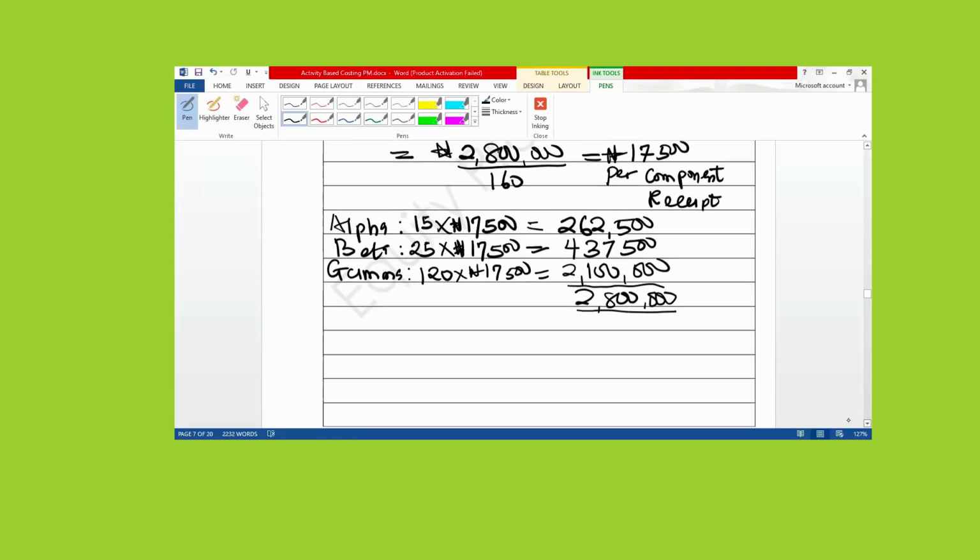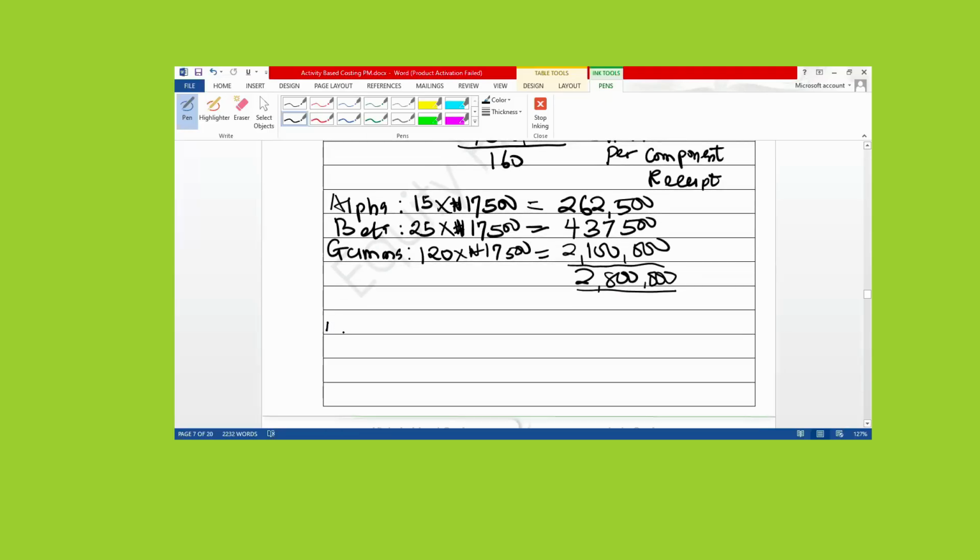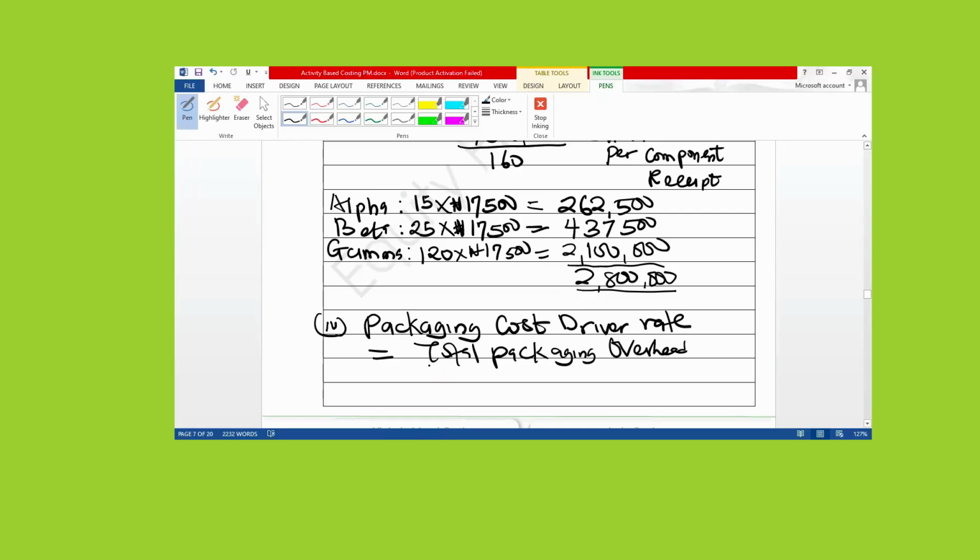We now move to packaging. Number 4, packaging cost driver rate. This is equal to total packaging overhead divided by total number of production orders.